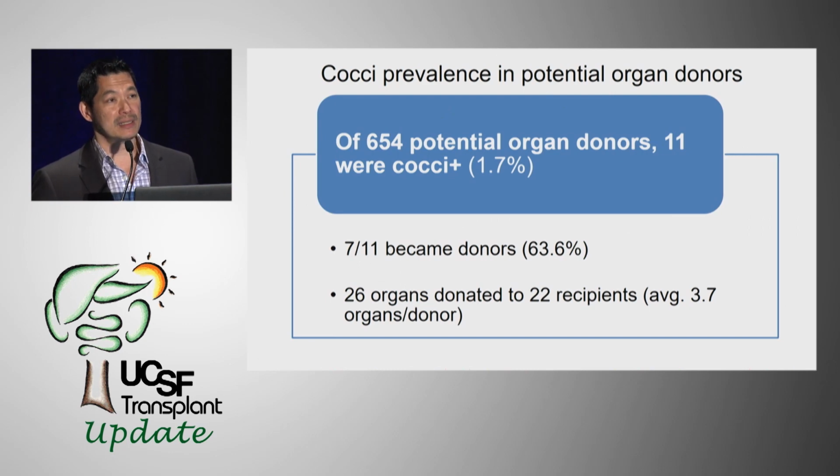We did a look-back study using our California Donor Network West data for 2 years, and we looked back at about 654 potential organ donors. 11 of those were Cocci antibody positive. 7 out of 11 became donors, about 64%, and 26 organs were donated to 22 recipients, with an average of 4 organs per donor.